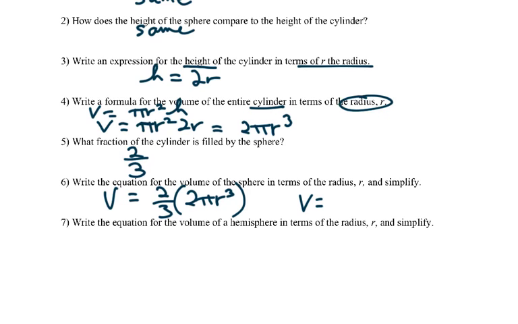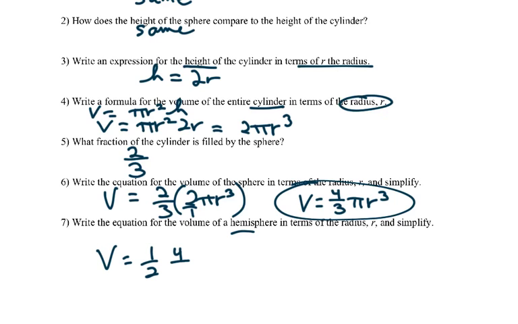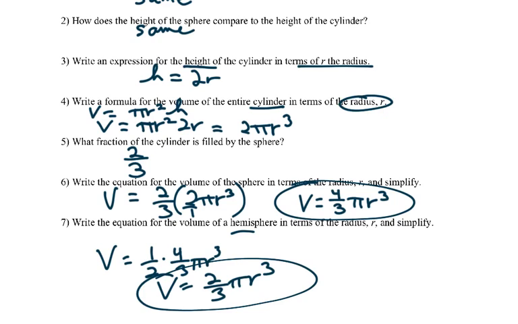Simplify. So that's 2 over 1, so 4/3 pi r cubed. So now a hemisphere is half, so half of 4/3 pi r cubed is 2/3 pi r cubed. Add these to your vocab list.